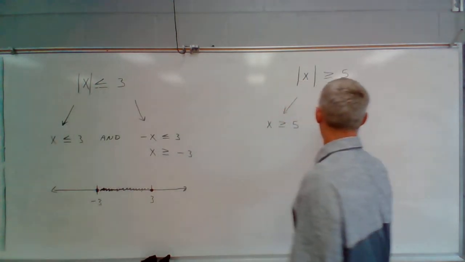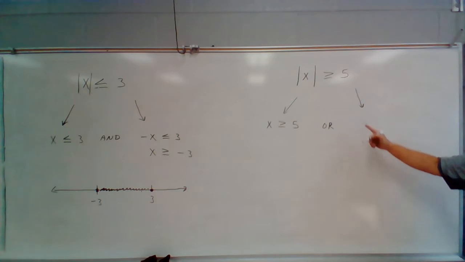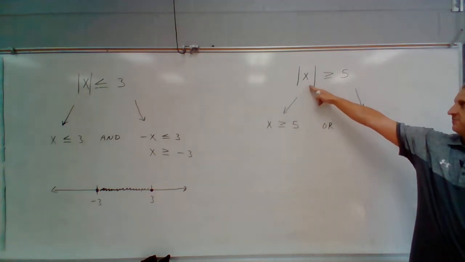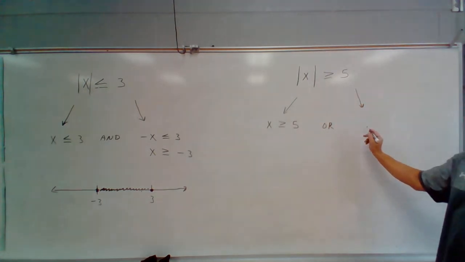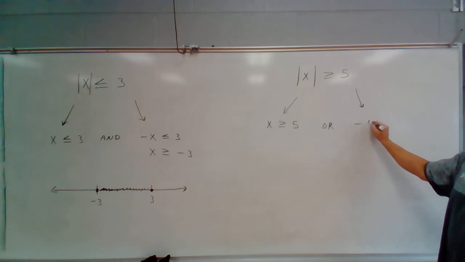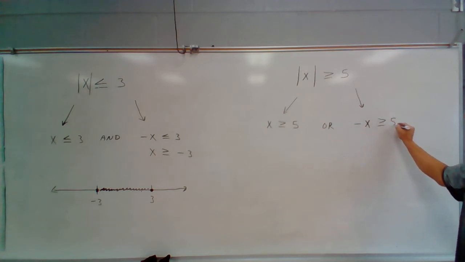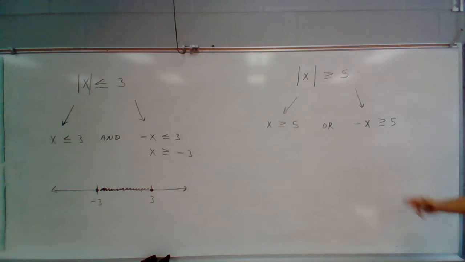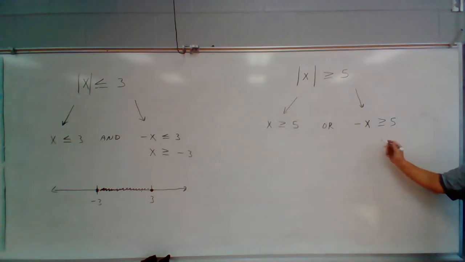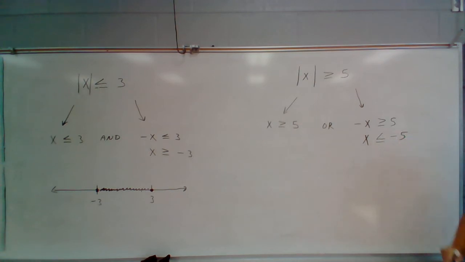Or the other possibility is that x is negative, in which case the absolute value of x would be negative x. It's greater than or equal to 5. Again, to solve this, I'm going to multiply both sides by negative 1. Remember to change the way that points, and I get x is less than or equal to negative 5.